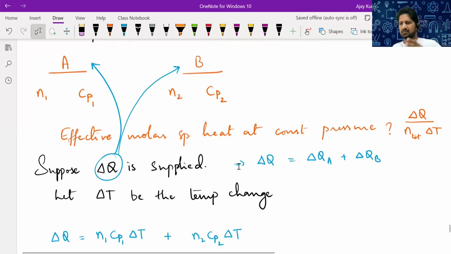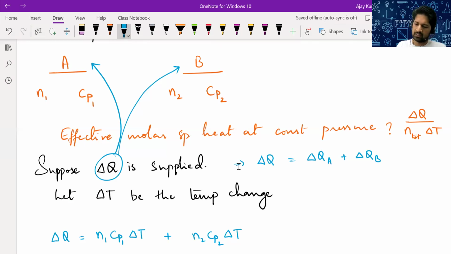See, it goes without saying when there are two objects in a system and you are supplying heat, some heat will go to the first object, some heat will go to the second object. And because they are put together, they will have to be at a common temperature. Initially they are at one common temperature, finally they are at another common temperature. So the change in temperature will be same for both of them. So those ideas we used and we put it in mathematical form.